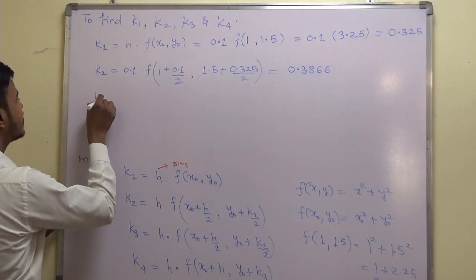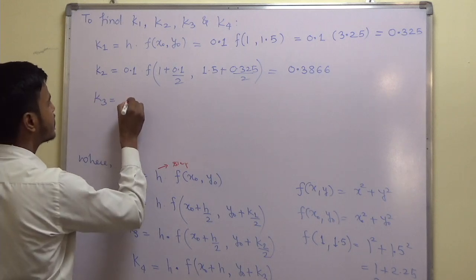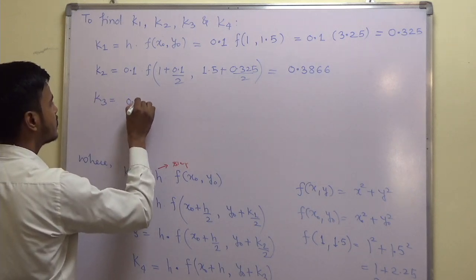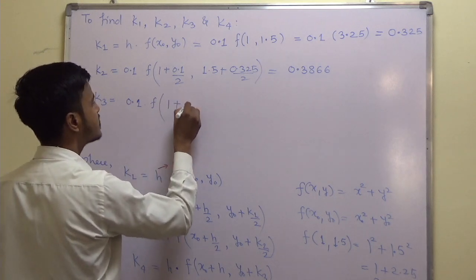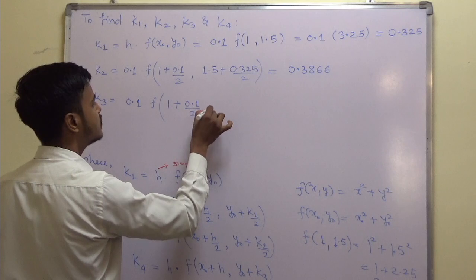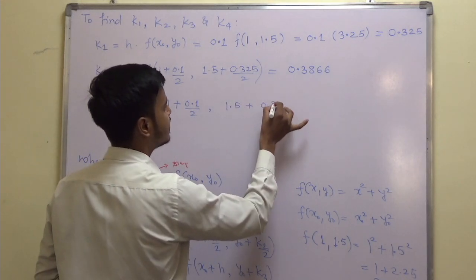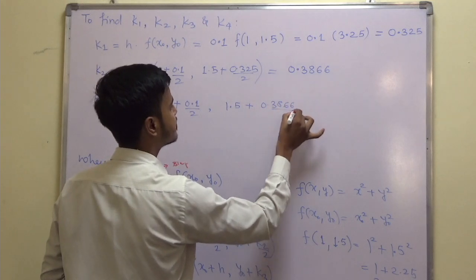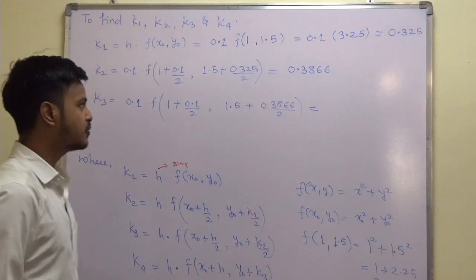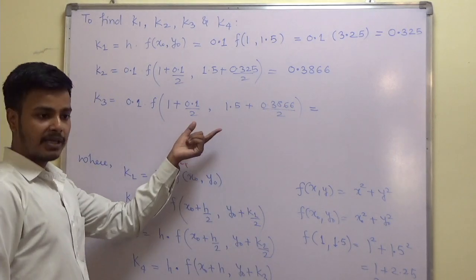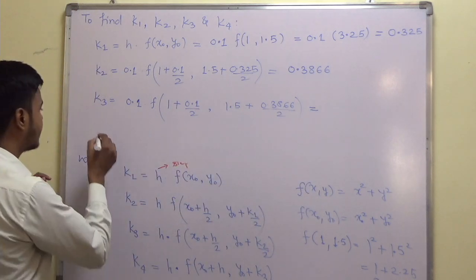Likewise, you can find out k3. So what is k3? k3 is 0.1 into f of x0 plus h by 2, that is 1 plus 0.1 by 2, then 1.5 plus 0.3866 by 2. In the meantime, when I am writing k4, try to get the value of k3 and let me know.